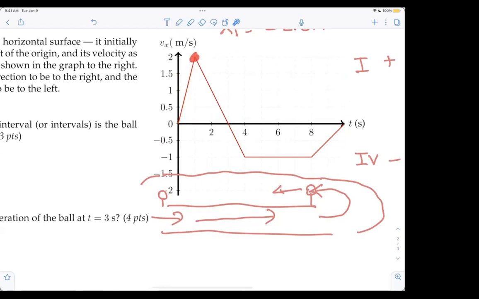Now, we already said from 1 to 3, I'm slowing down, but what direction am I moving in? In the positive x direction, right?